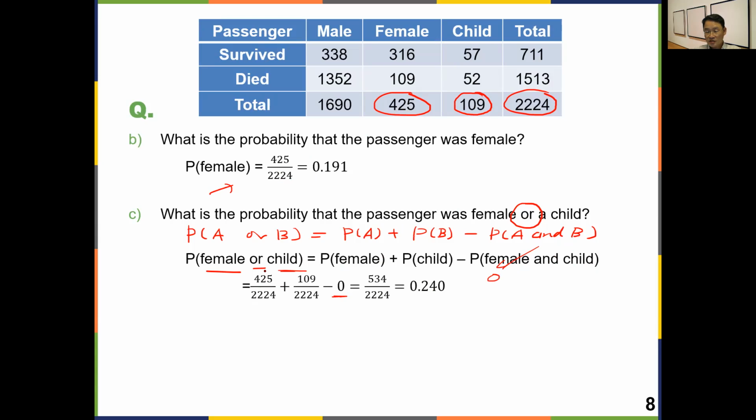So this is probability of female. This is probability of a child, of course. Since we have common denominator, combine it. All we need to do is just adding these two numbers, which is what we have here. Type it in your calculator. Boom. That's it.